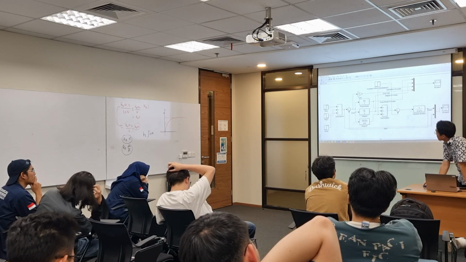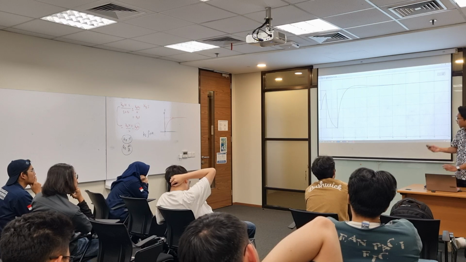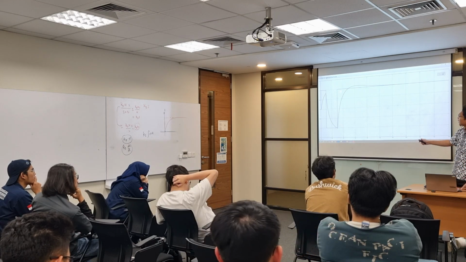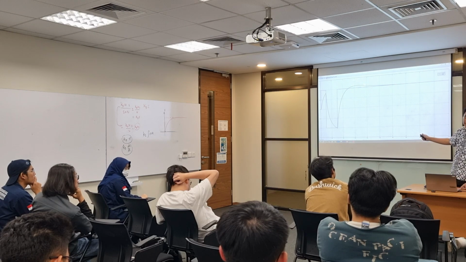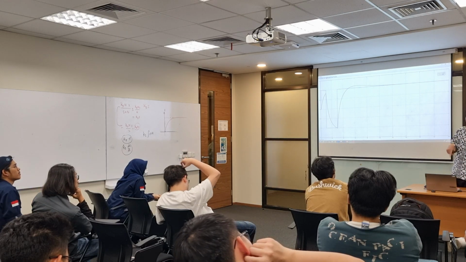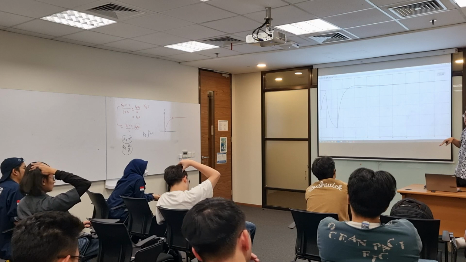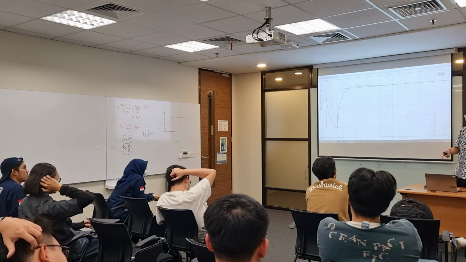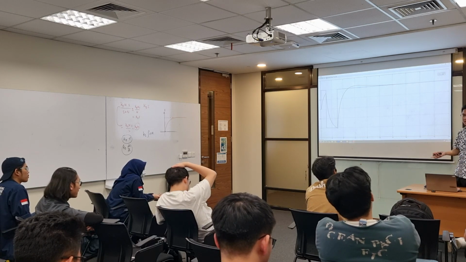So the response is here. Okay, this is the response, the black one. This is not ideal, of course, because it still has overshoot. I don't have time to tune the PID to make the overshoot 0. You should have more time than me actually. So if you have time, you can adjust it.